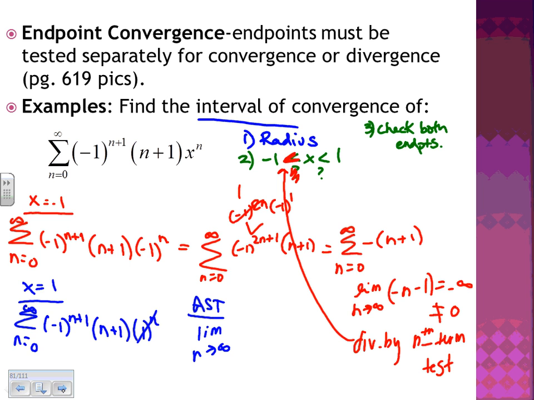So all I'm going to do is drop off the alternating part and write n plus 1, and what do we get out, Nate? Infinity, which is not 0, so what does it do? Diverges by the nth term. So in this case, now I can get rid of this and just keep it less than. I thought we were using the alternating series test. We were, but in the alternating series test, this ended up becoming an nth term test. Okay? So, final answer.